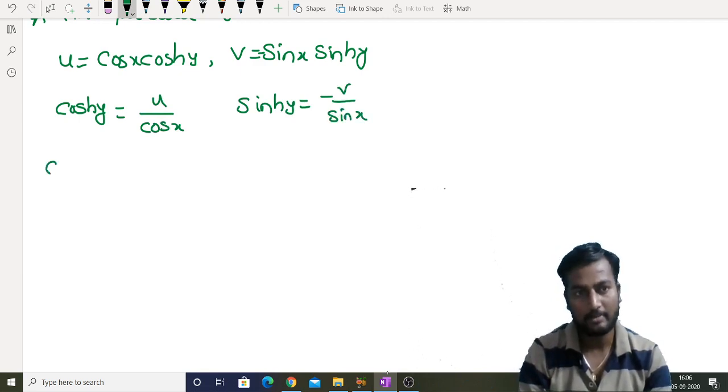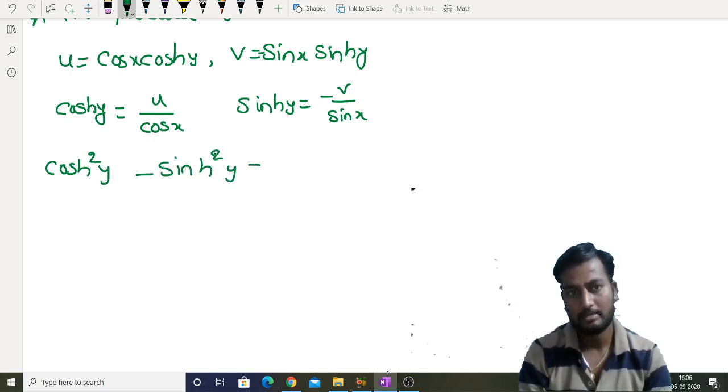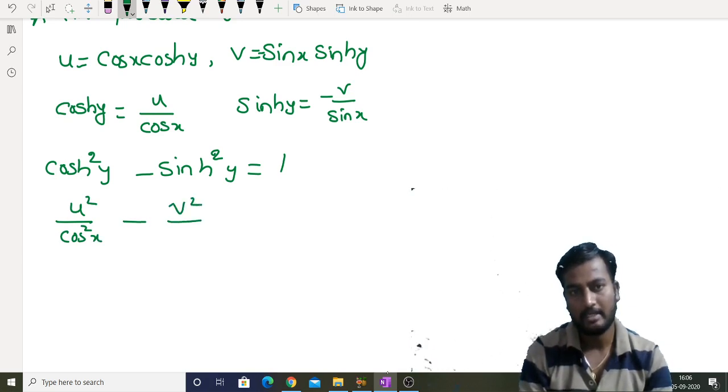Then we have the hyperbolic identity cosh square y minus sinh square y, which is equal to 1. That means u square by cos square x minus v square by sin square x equal to 1.